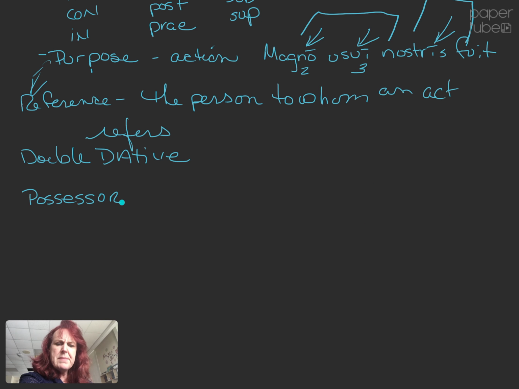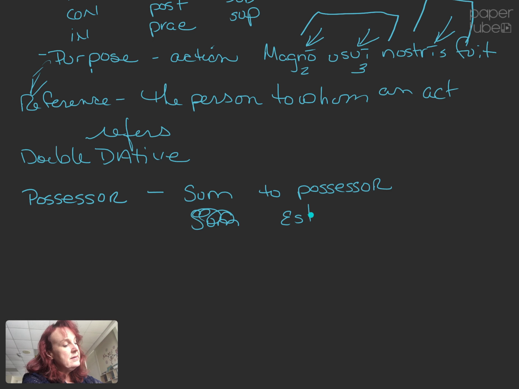You can also use dative to show the possessor. And I know you're like, wait a minute, possession, that's genitive. Absolutely. But the dative can be used with sum to denote a possessor. It has a different emphasis. So if I say est mihi liber, the technical translation would be, it is a book for me. We can say, I have a book from that.